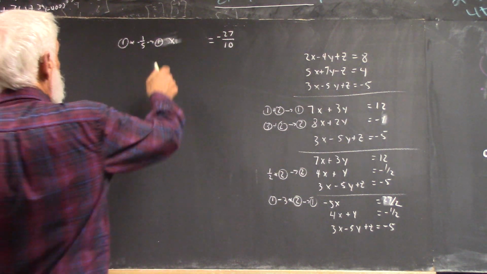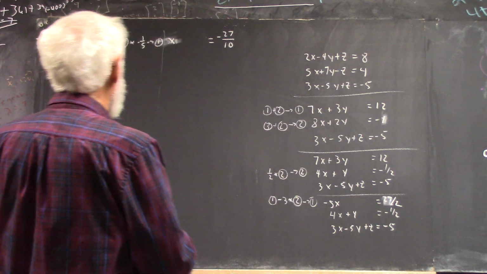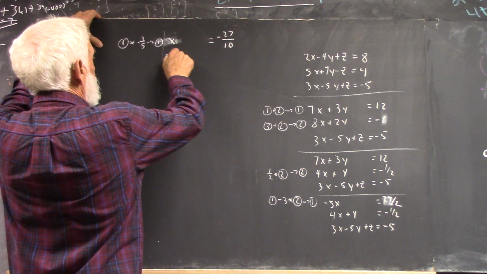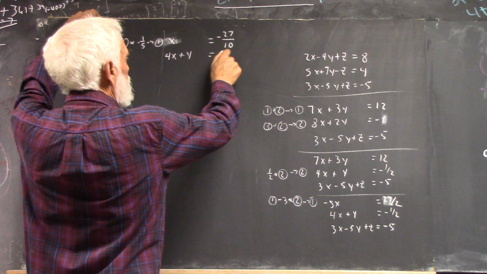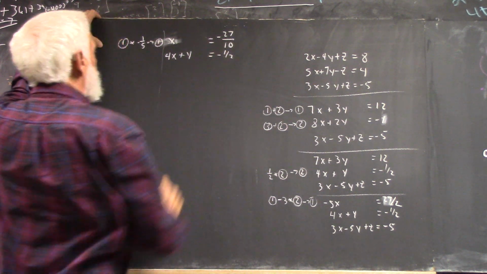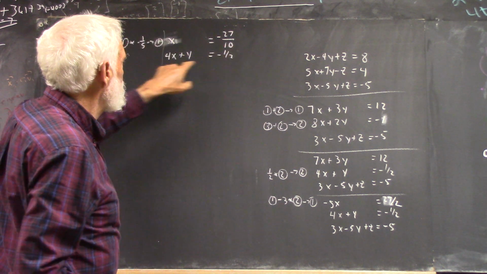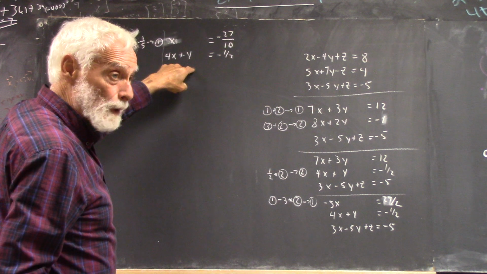Okay? So, equation 2, I'm just going to write down again. And in the next step, I'll add -4 times this equation to this one, which will eliminate x and give us the value of y, right? But I'll do that in the next step.